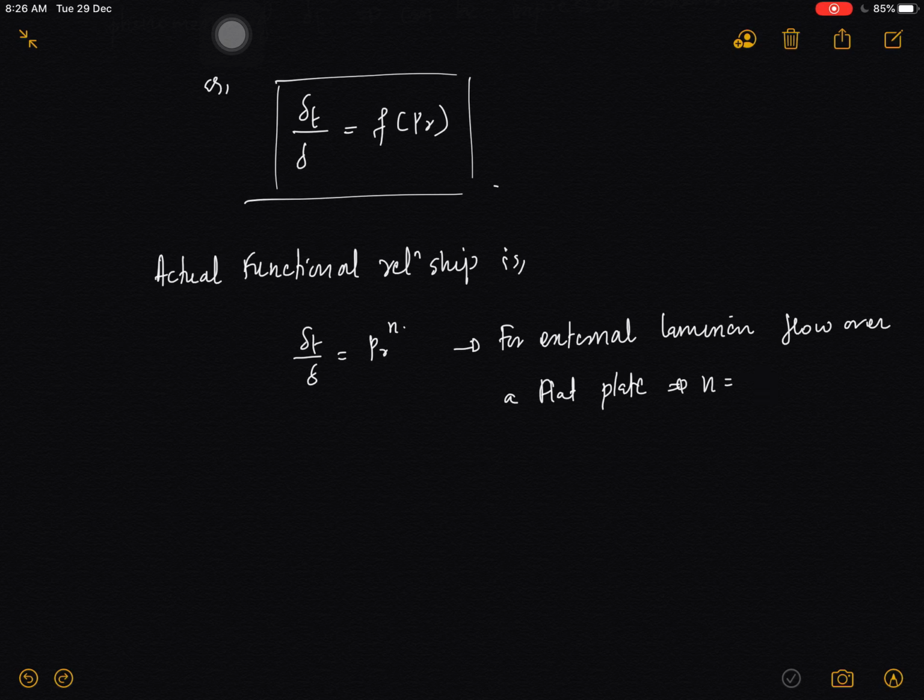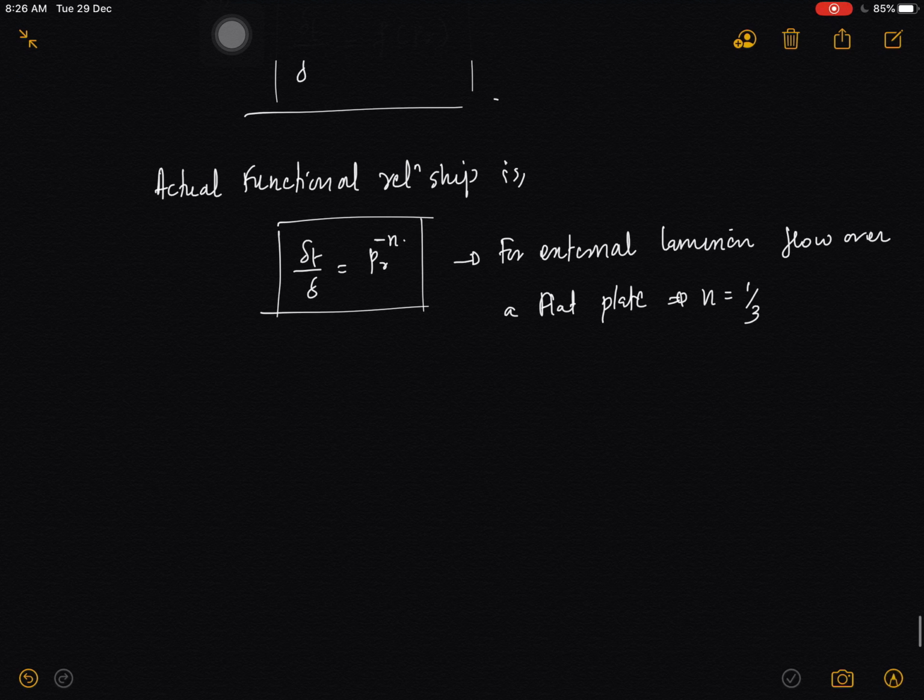Sorry, it's not like that, there is a small error. n is equal to 1 by 3, and the functional relationship is delta t by delta is equal to Prandtl number raised to minus n. Okay, so for that case we can define this Prandtl number and this delta t like this.